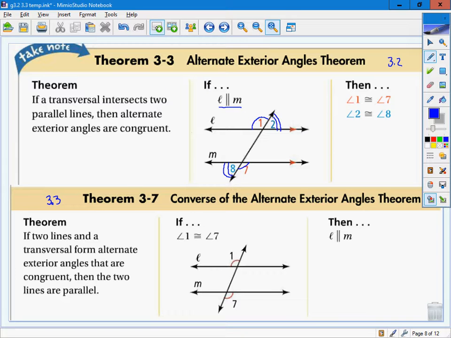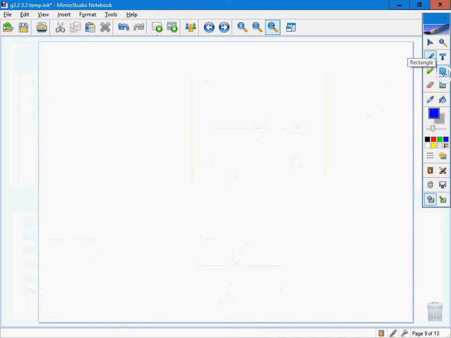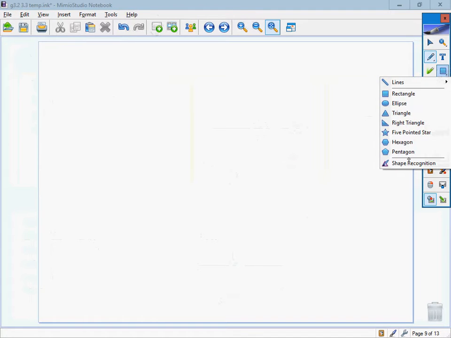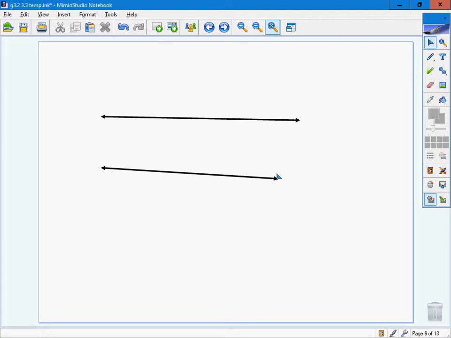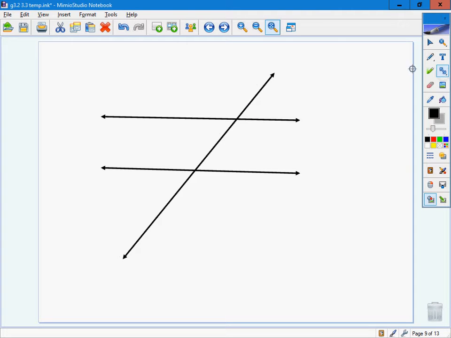The nice thing about this is, if you know that two lines are parallel, if I know that these two lines are parallel to each other, at least make them look parallel, and I have a transversal, okay?